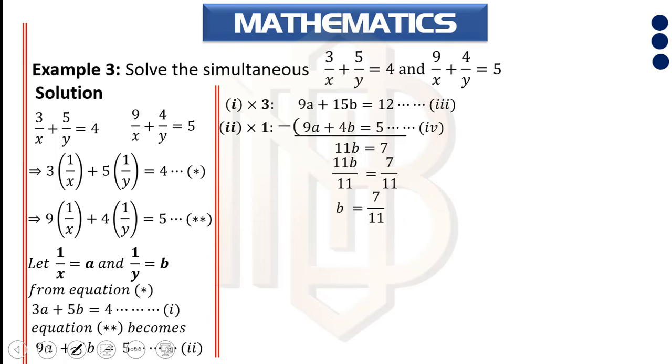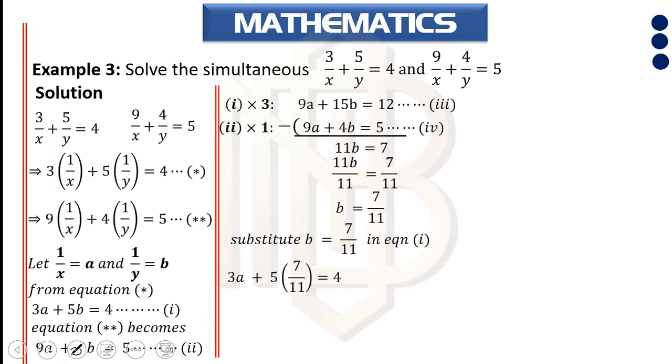So after finding our value of b, we can then go ahead and sort out the value of a, by putting our b value into any of the equations. So let's substitute b equals 7 over 11 in equation 1. You can choose any one, like I said, when it comes to the elimination method. Once you have found one, you put your value into any of the equations.